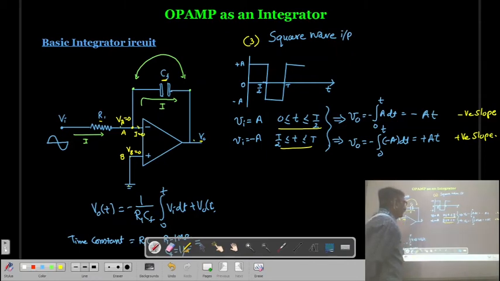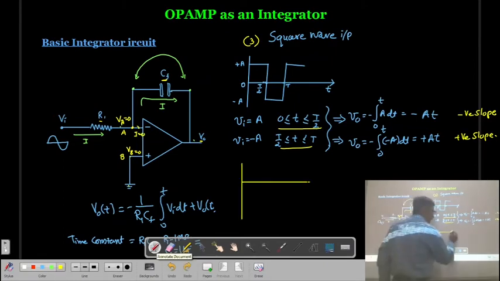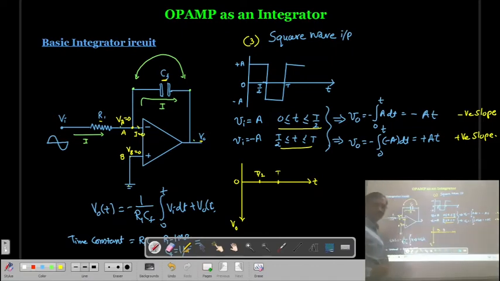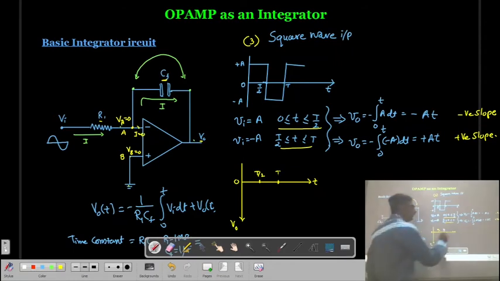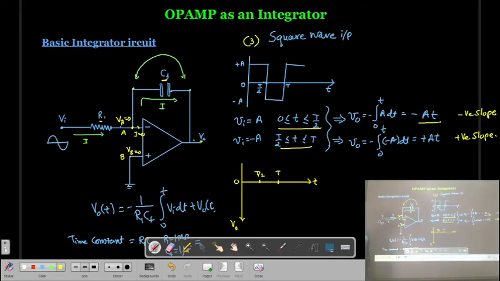So, what is the output waveform? That is my output waveform, 0. Somewhere here we have T by 2, here we have T. Correct? So during the time period of 0 to T by 2, what is the output voltage? Minus A into t. So this output voltage is decreasing in this way.